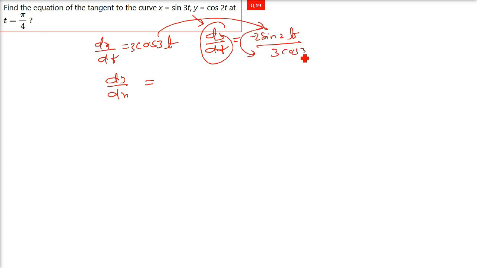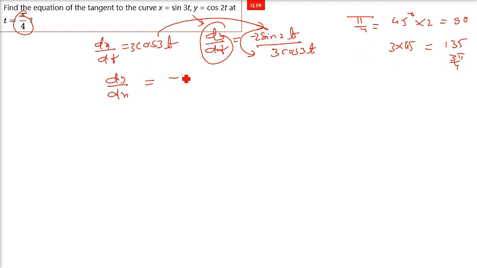So you get dy by dx here. I'm just dividing it here: minus 2 sine 2t divided by 3 cos 3t, and at t equals pi by 4. Pi by 4 is nothing but 45 degrees, and 2 into 45 degrees is 90 degrees. 3 into 45 degrees is 135 degrees, which you can also write as 3 pi by 4.